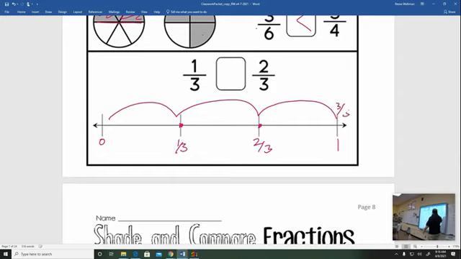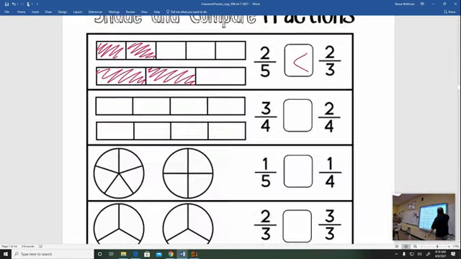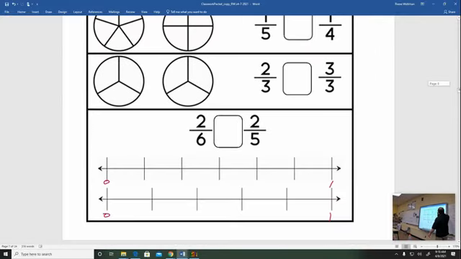That's right. Because it's 3 parts out of 3, so it'll be 1 whole. Okay, now, which one of these fractions is greater? 2/3. That's right. It's closer to 3/3, right? Okay. You guys are getting these.